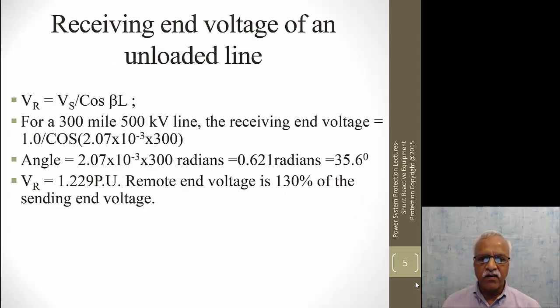And then if you look at the receiving end voltage in terms of the sending end voltage using those equations, you find that as an example here, if a 500 kV line, which is 300 miles long, is energized with the remote end open, then the voltage could be as high as 130% of the sending end voltage, which is way outside your specified limits as per C84.1.